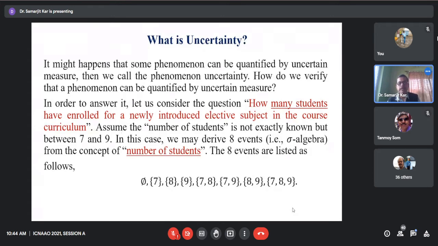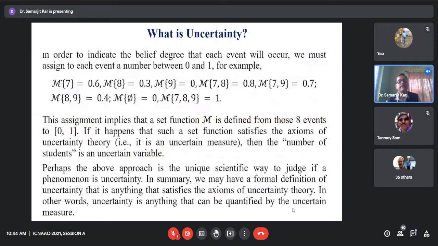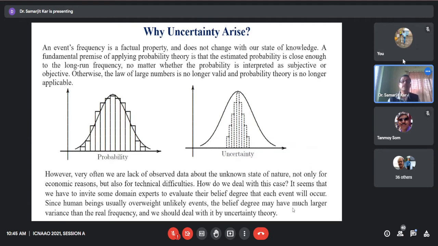Accordingly, if we define the corresponding measure by these numeric values, all the previous four axioms are satisfied. So obviously we can define it as an uncertain variable.